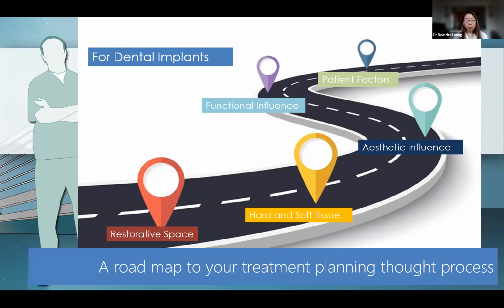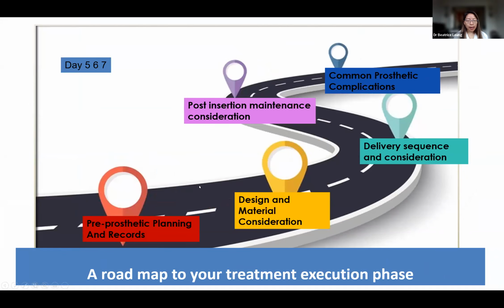And we talk about this roadmap that I came up with to guide the dental students and the dentists to identify key areas that you need to consider when you start planning anything that involves dental implants. Last time I talked about this roadmap quite a bit. And when you do get to actually end up planning and the implant has been placed, I also talk about the roadmap that you need to walk on, the things that you have to consider in terms of executing the implant related treatment.